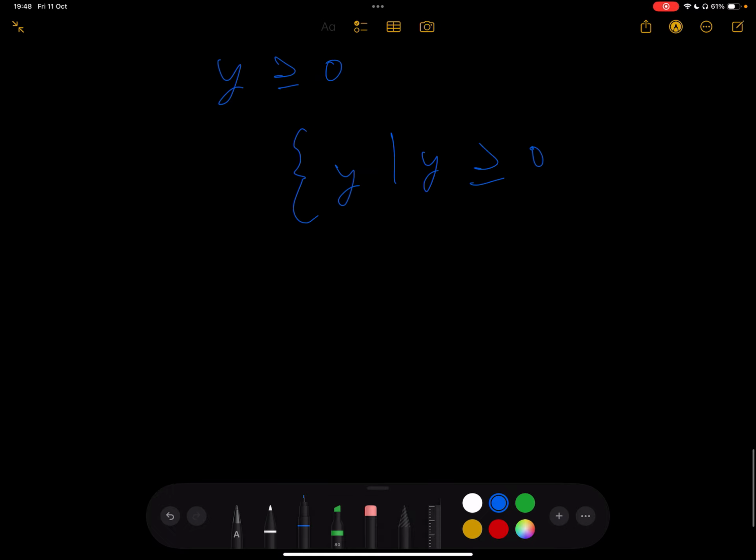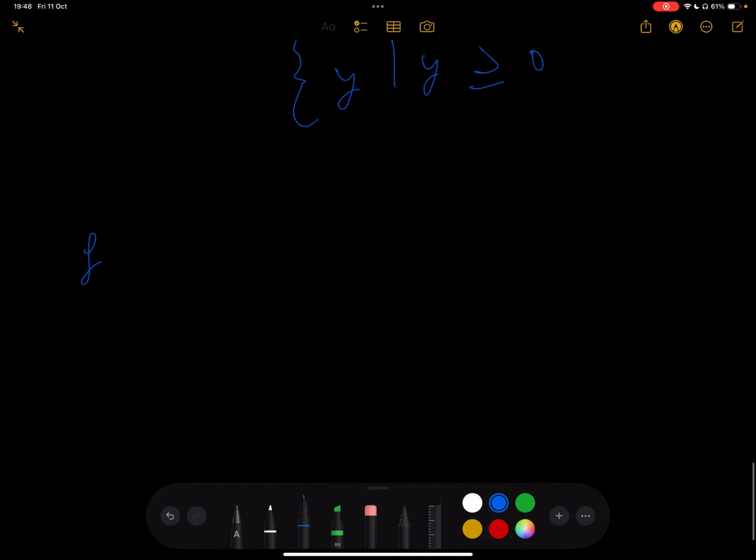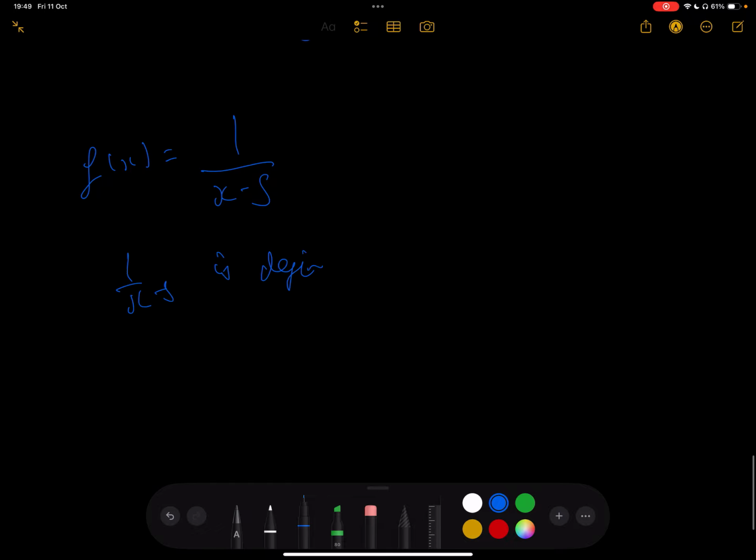Alright, so let's look at another one. f of x is equal to 1 over x minus 5. Well, we can see that 1 over x minus 5 is defined where x minus 5 is not equal to 0, as any number divided by 0 is undefined.